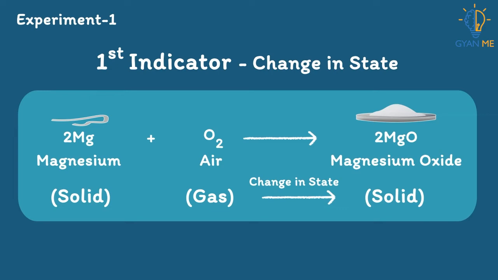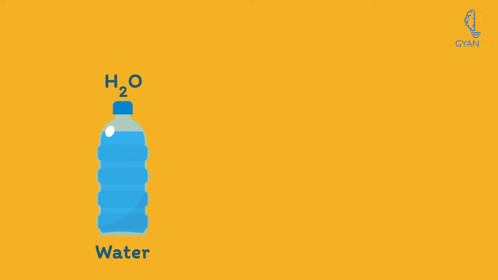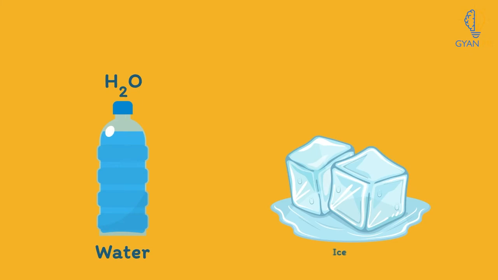But remember, change in state is not sufficient. Along with it, formation of new substance with new properties is compulsory, which is evident in our experiment by formation of magnesium oxide. Formation of new properties is necessary. Let us understand it like this. When we convert water to ice, its formula does not change. Water and ice both have same formula, that is H2O.